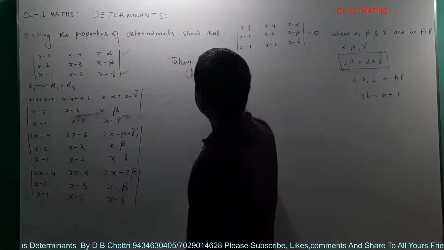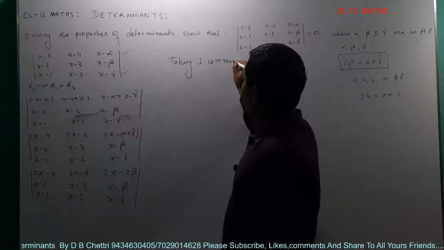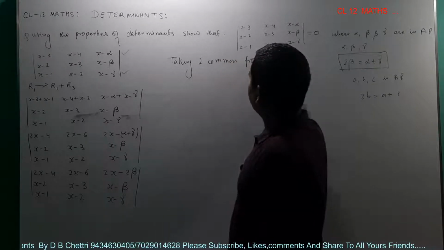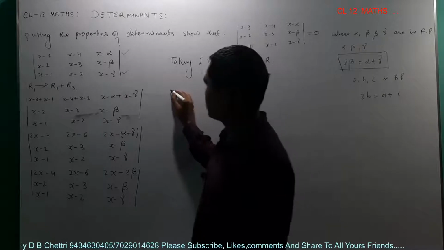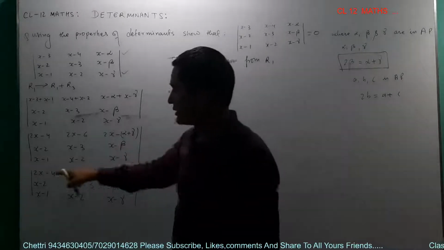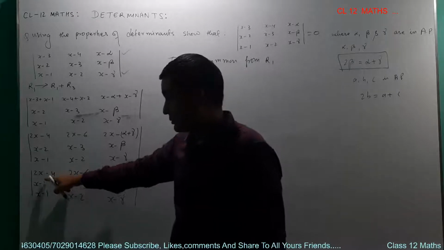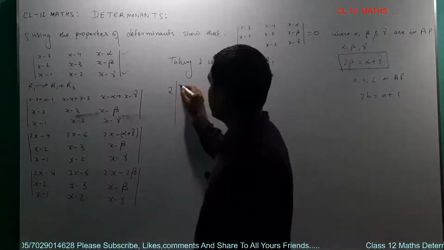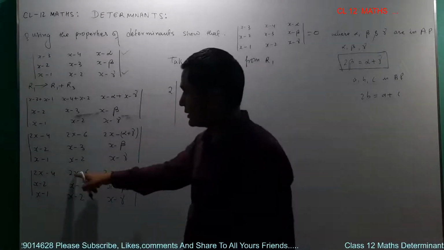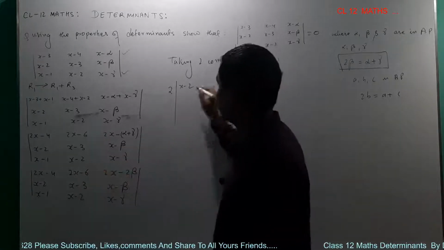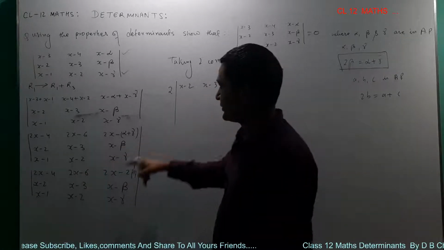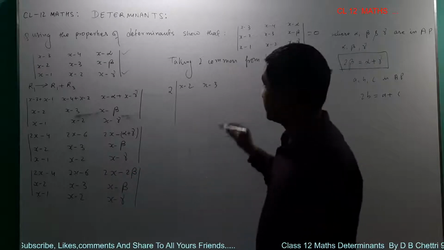Taking 2 common from R1, what is left? x minus 2, because we are taking 2 common. Here x minus 3, since 2 threes are 6. Here x minus beta.